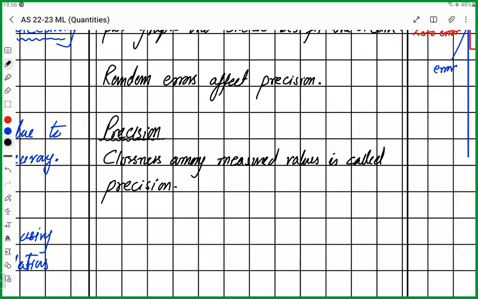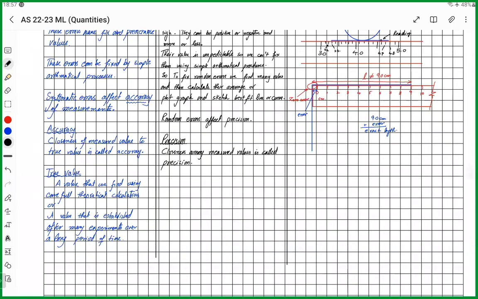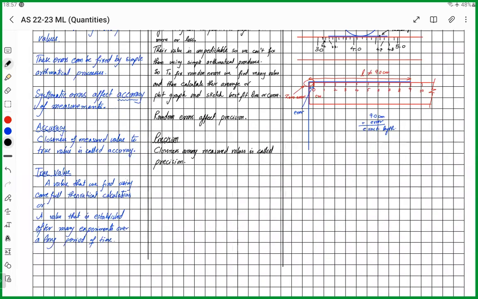For example, if you have measured a quantity 10 times, and there are very small differences in every measurement, it means you are very precise. And if there are large differences between the measurements of the same quantity at the same time, it means you are less precise. So precision means closeness among measured values.